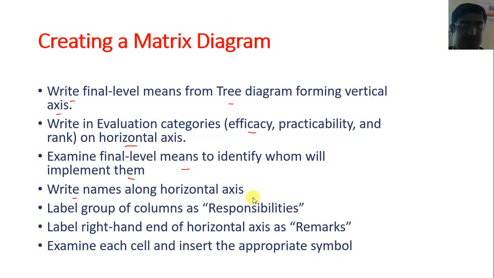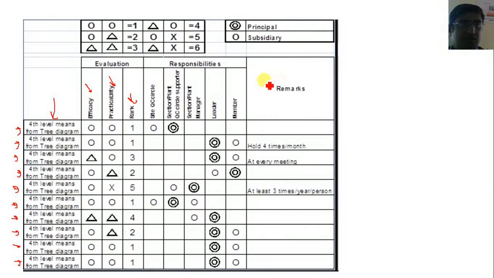Here are the responsibilities given to the site occupier, the manager, the leader, the member, and the circle supporter. Whatever task is assigned to a specific person, we also have to mention under this responsibility tag.